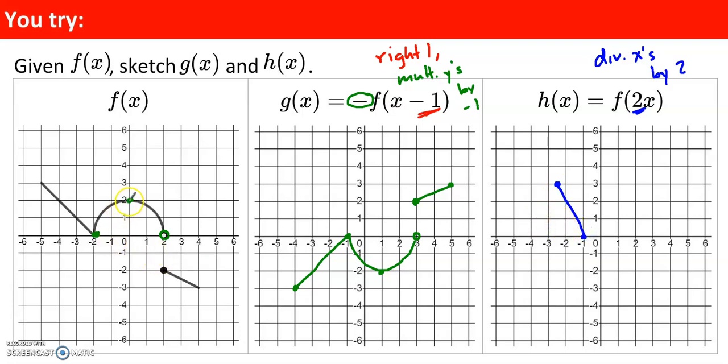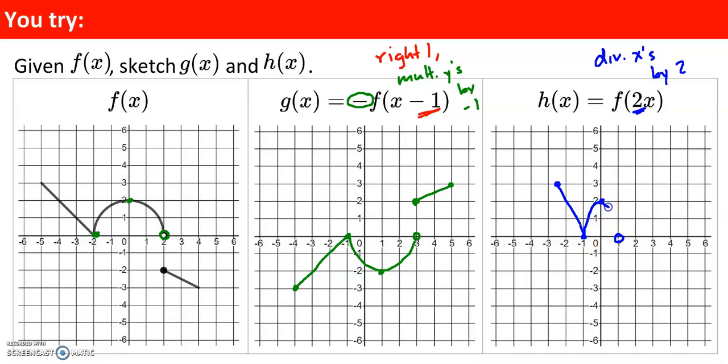The point at 0, 2 that creates half of my half circle won't move because the x is 0. But the open dot at the end of my half circle that was at 2, 0 is now at 1, 0. What's going to happen here is it won't really be a half circle anymore.